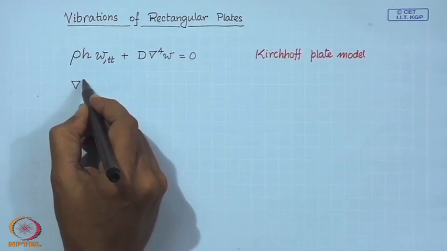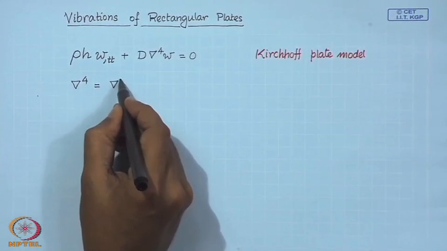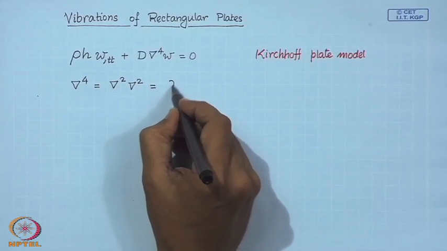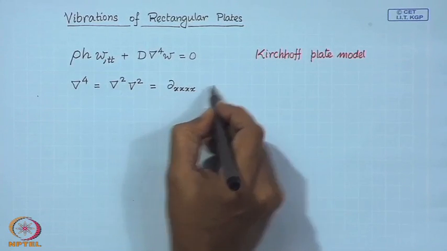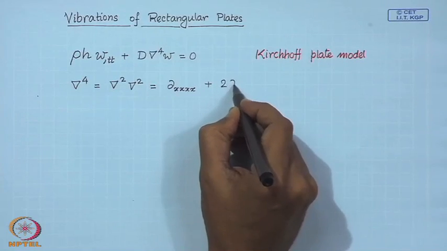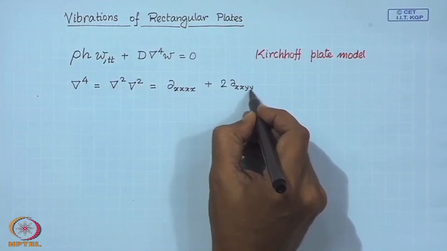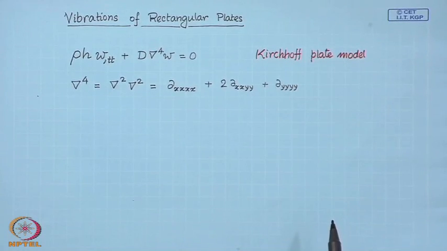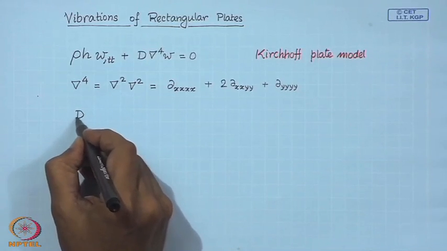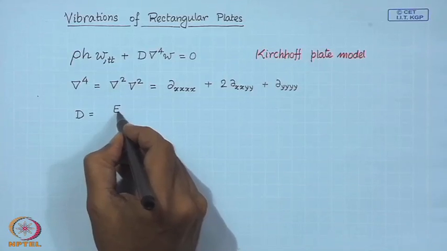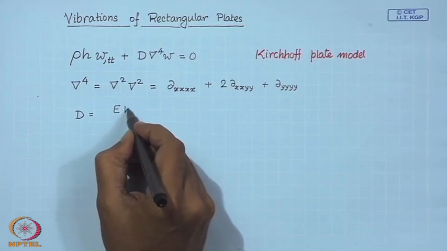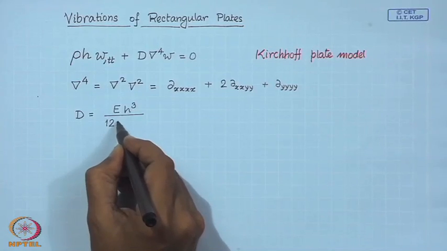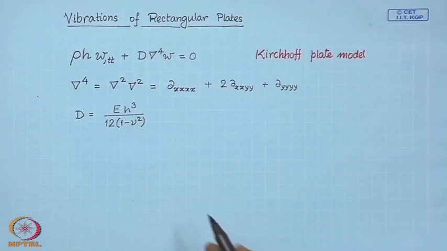where this nabla 4 is the square of the Laplacian, and that turns out to be in this form, and D is in terms of the Young's modulus E, thickness cube, thickness of the plate H cube divided by 12 times (1 minus nu squared), where nu is the Poisson ratio.